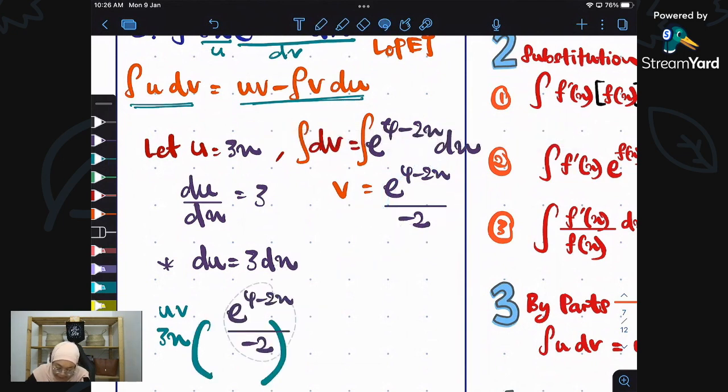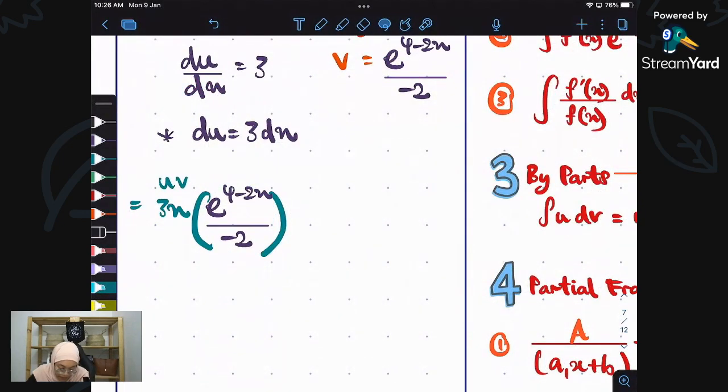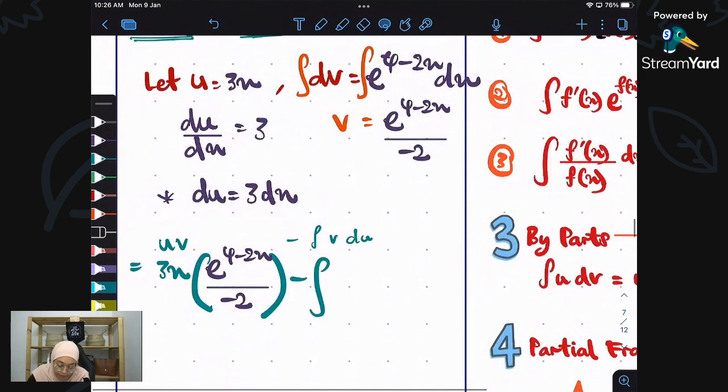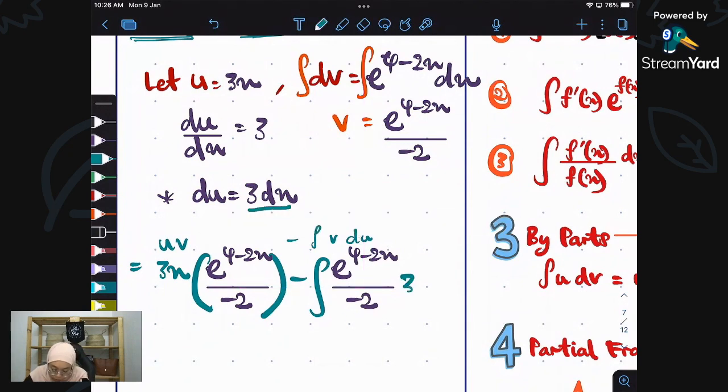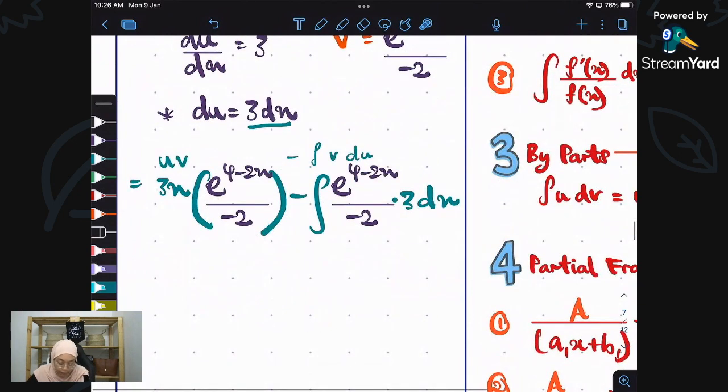I just duplicate this, it's easier and faster. Minus integrate v du. So integrate v, my v is still these things, and my du right now here is 3 dx. I put a dot for times, times it with 3 dx. That is what I got. So this is the formula.